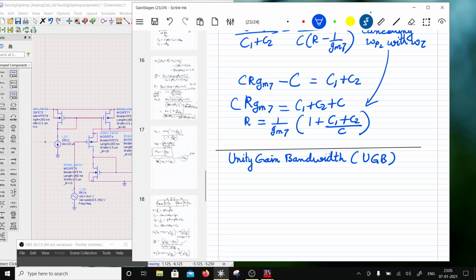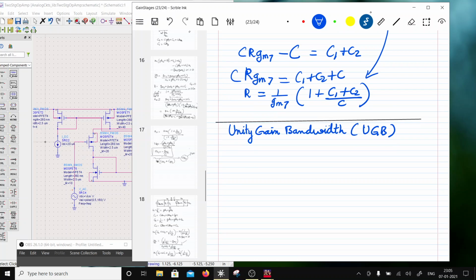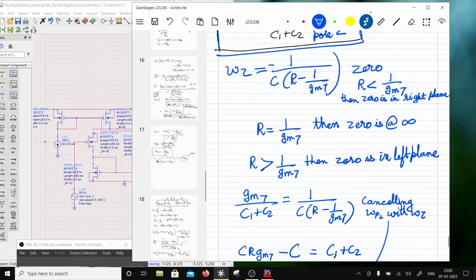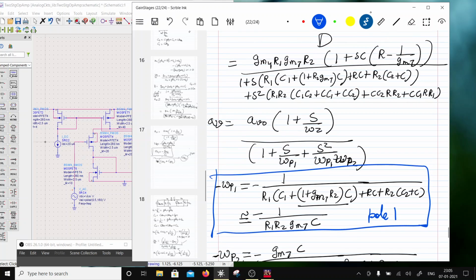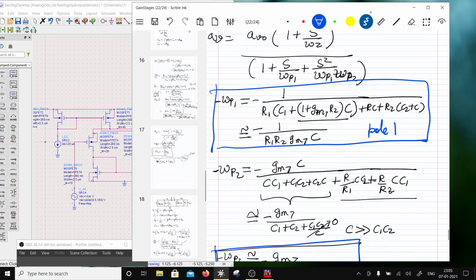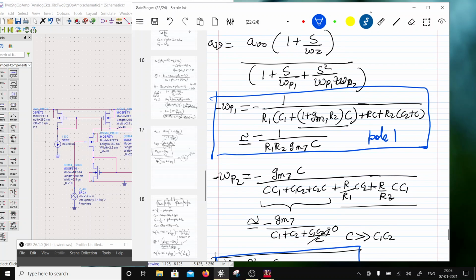This is the frequency at which the AV becomes 1, right? So let's have AV written as AV0. And let's assume that the zero is far away from the first pole, so only the first pole is considered.